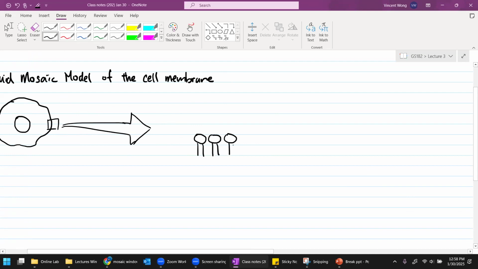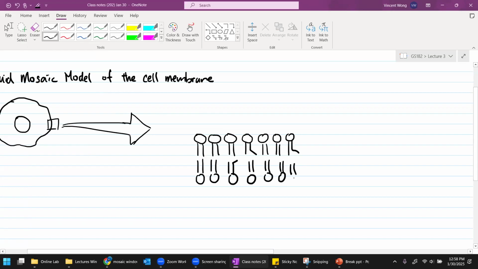The phospholipid is special because it has a hydrophilic head and two hydrophobic tails. Some tails will be saturated fatty acids, others might be unsaturated. This is old information, so you can put in unsaturated as you see fit. That's one layer of it. Then I'm going to draw another layer below it, so it's like a sandwich.